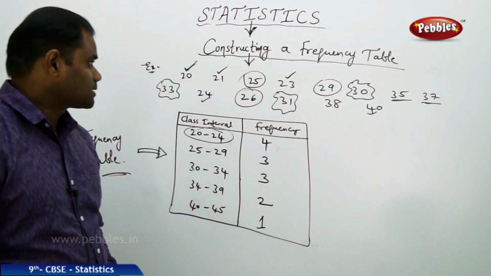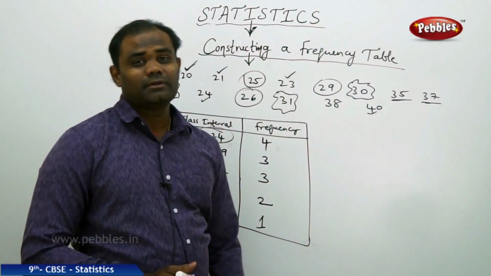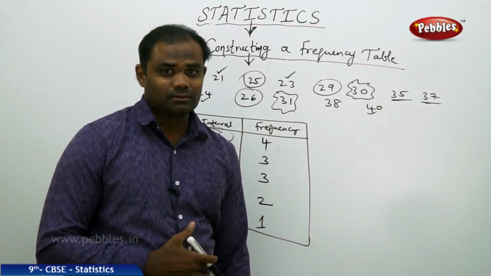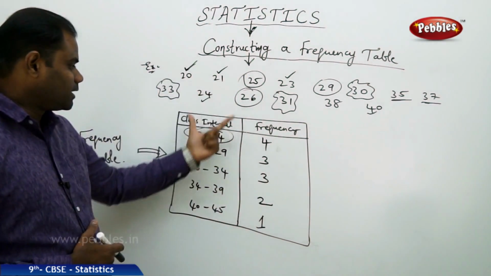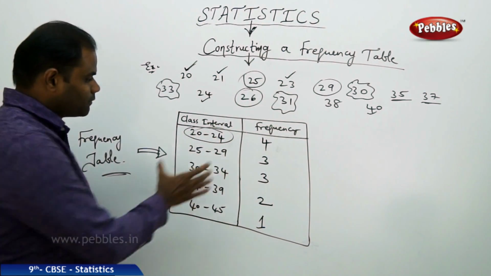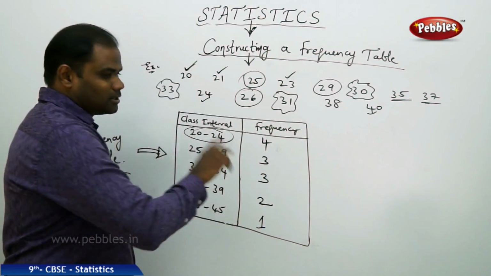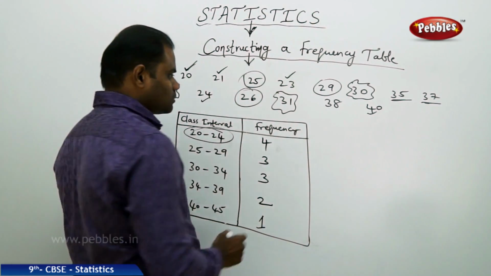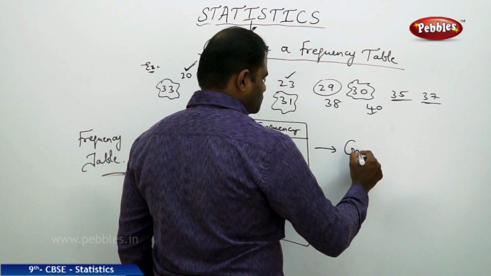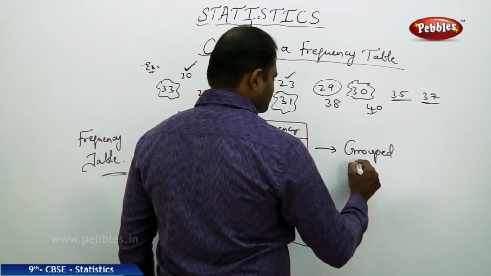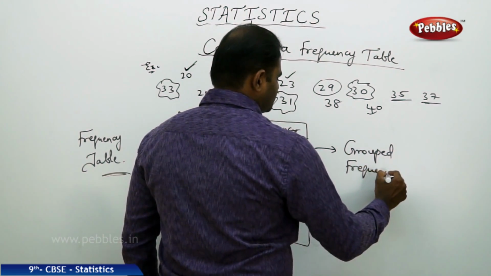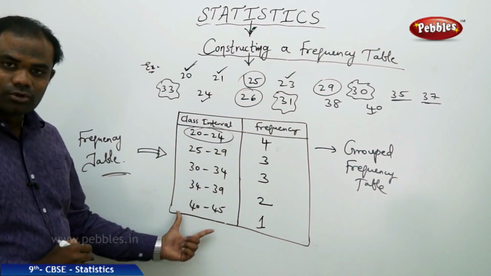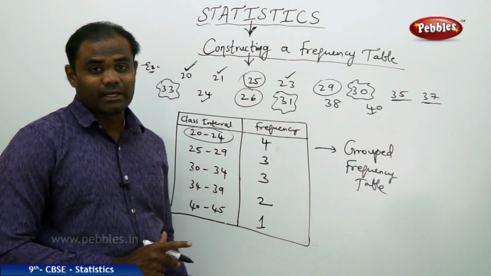Now that we have discussed how to construct a frequency table, there are 2 types of frequency tables which can be constructed. This example problem which we have taken has been divided into different groups, and hence we got a grouped frequency table. This is called a grouped frequency table because the marks are grouped and hence their frequencies are calculated.